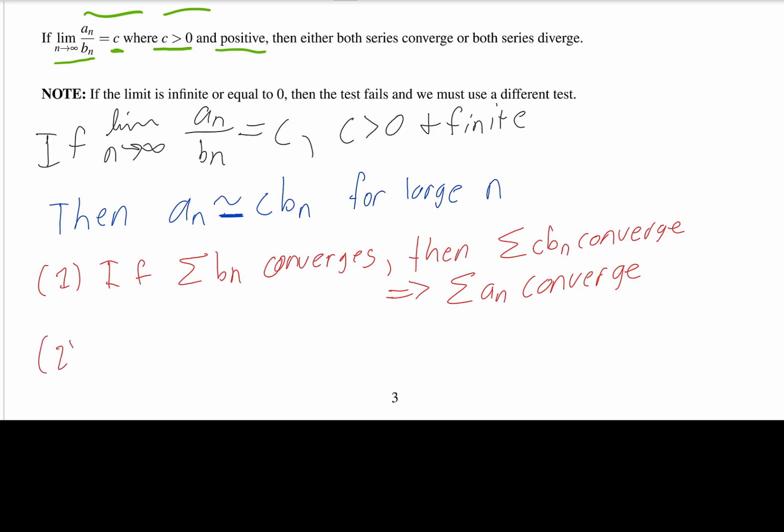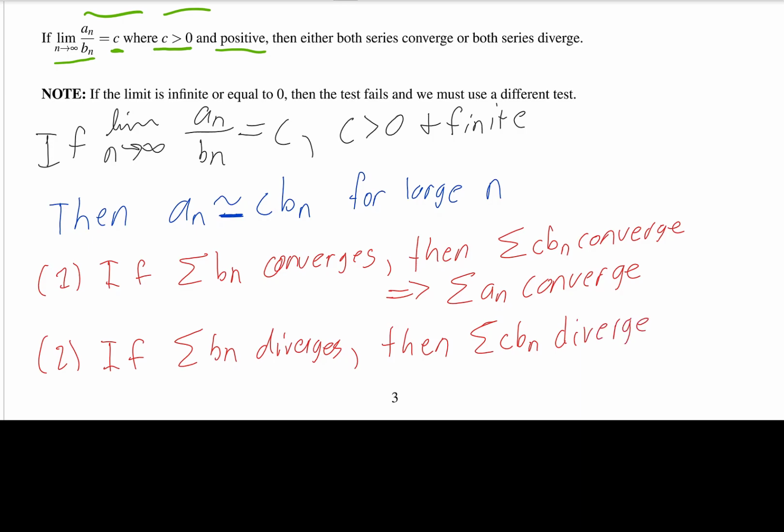Similarly, if the series with b sub n diverges, then multiplying by some finite positive constant isn't going to change that. It'll still diverge. Which means that the sum with a sub n also has to diverge, since it's approximately the same thing for large values of n.